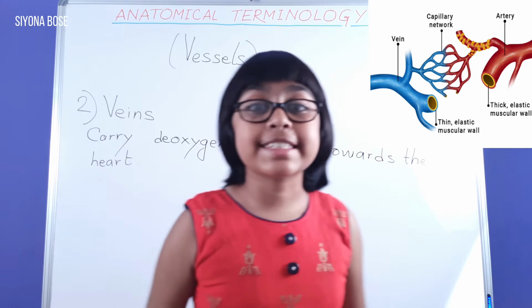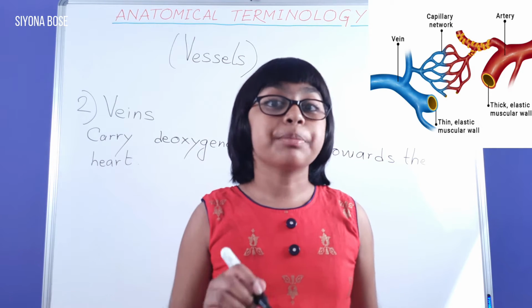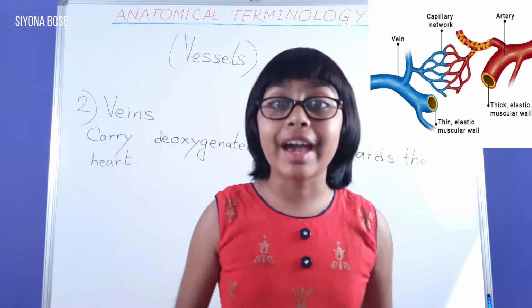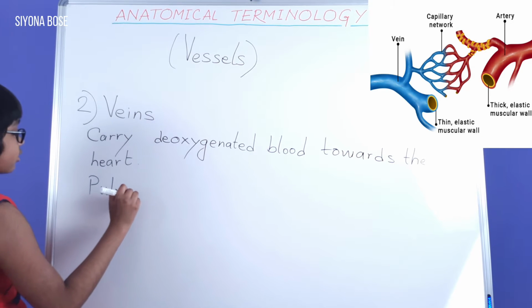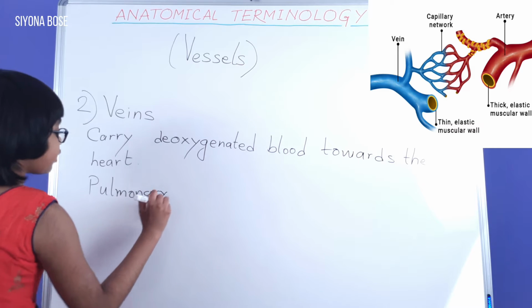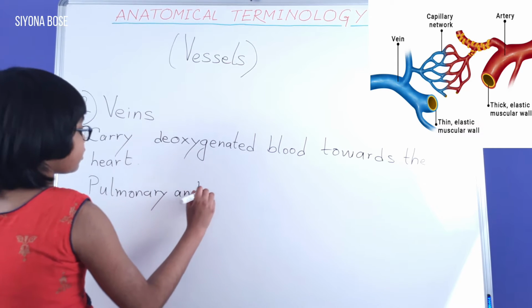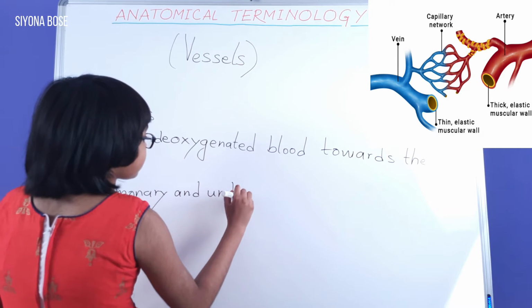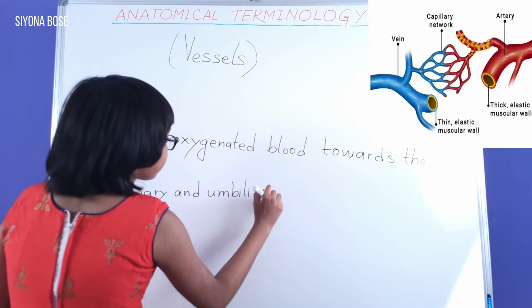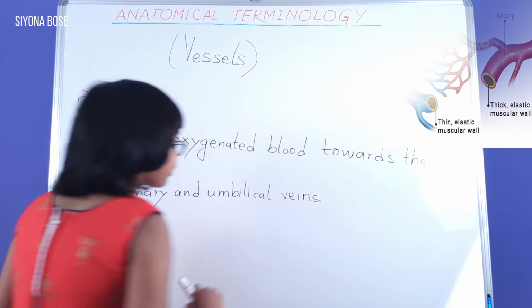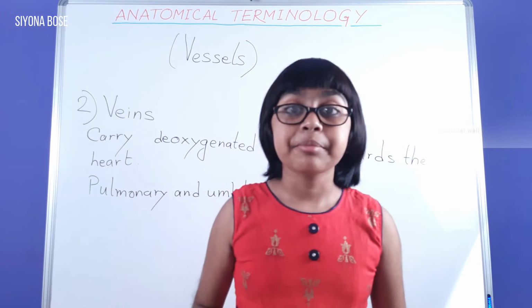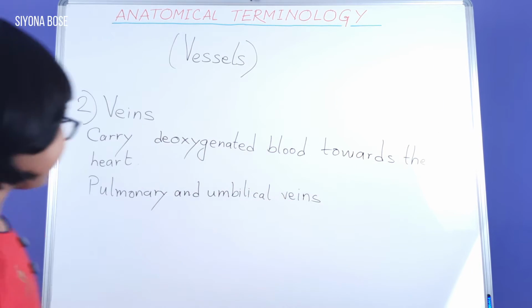But as always, there is an exception of the pulmonary and the umbilical veins. These carry oxygenated blood.